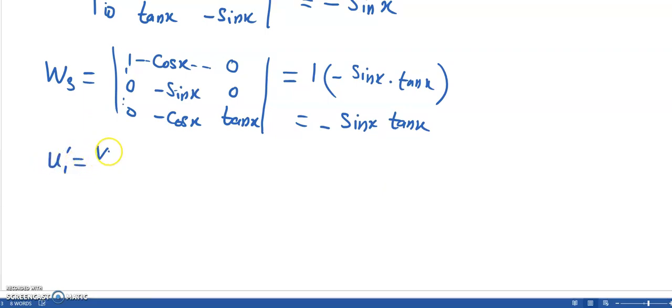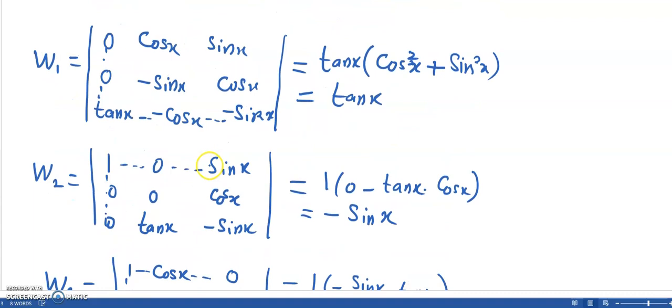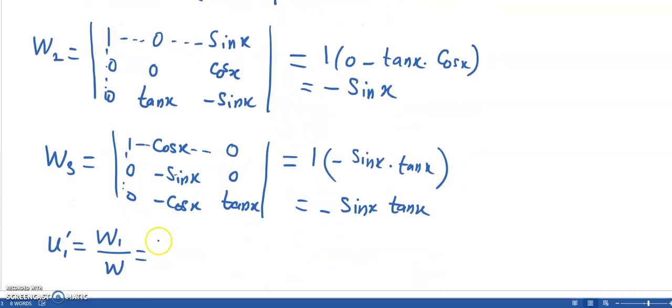U1 prime is W1 over W. So basically W was 1, and W1 was tangent of x.